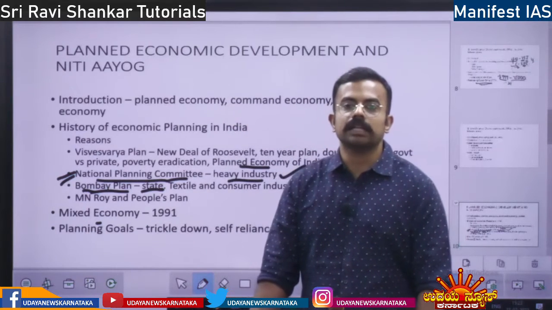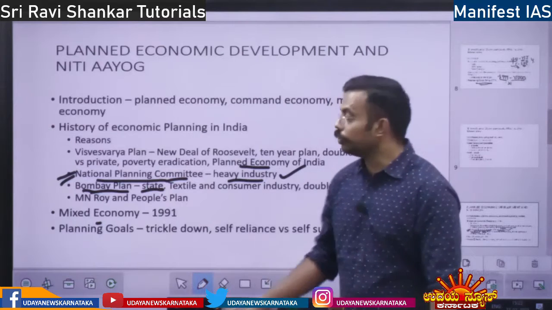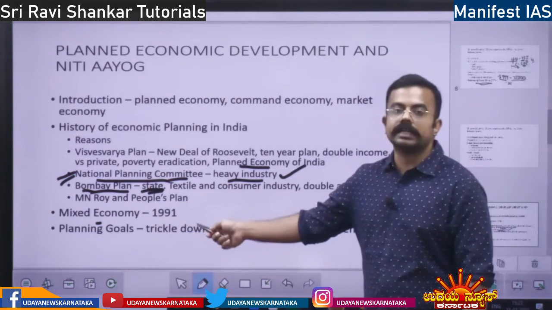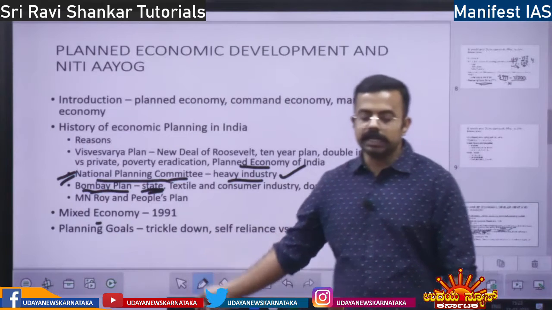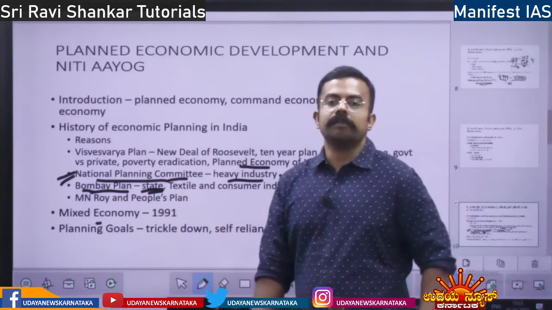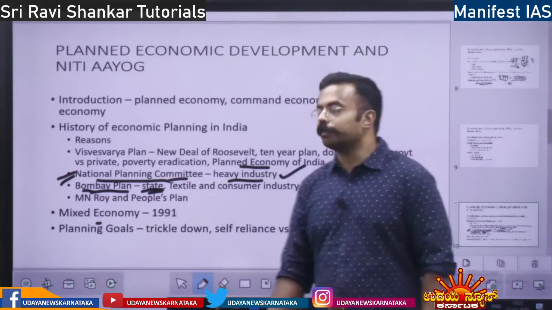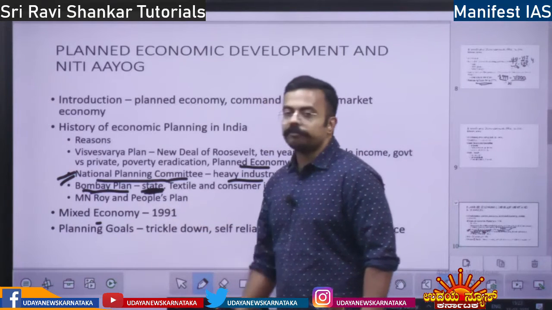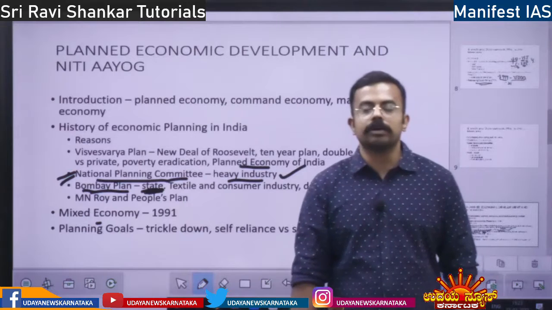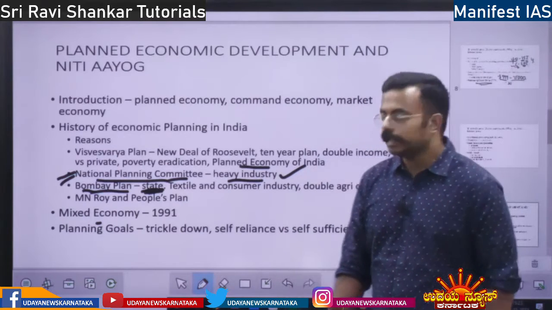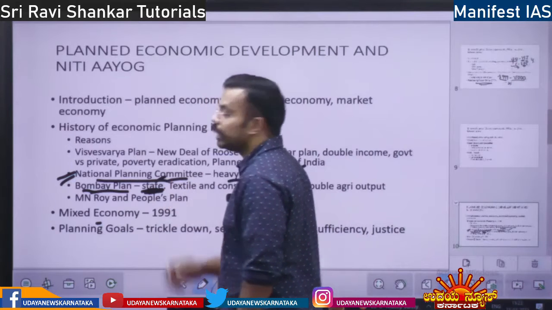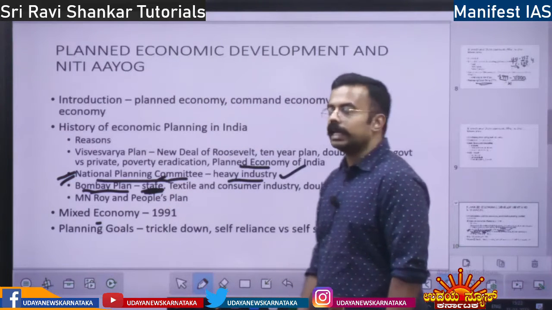Government should take the leading role and it should invest in economy. It should create the industry. Industry should not be left for the private sector itself, because industry, if you leave to private sector, it won't grow because there is lot of weakness. That is why Bombay Plan says state should take the leading role in industry.